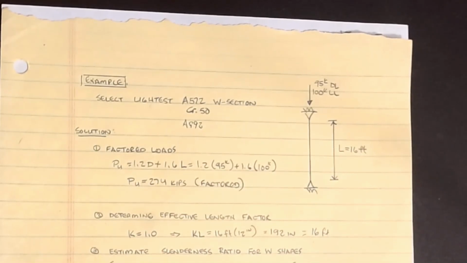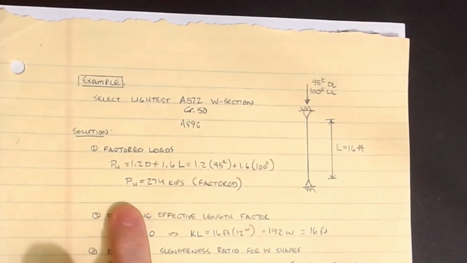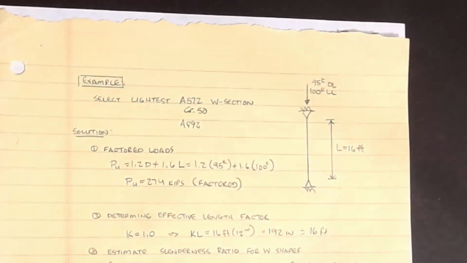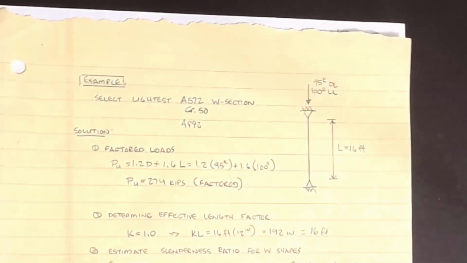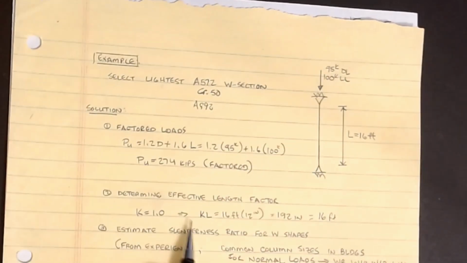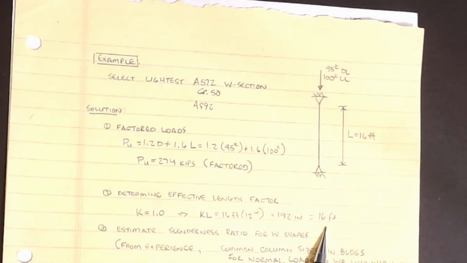In this case, it doesn't really matter because we assumed L was the same for both. We found that the factored load was 274 kips. We know that our K factor in both directions we're taking as 1.0 because we assumed it was perfectly pinned, and so our KL that we went into the tables with was 16 feet.